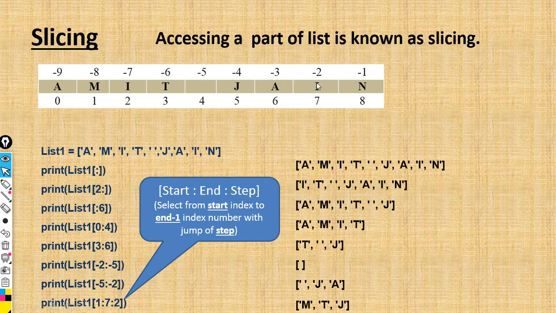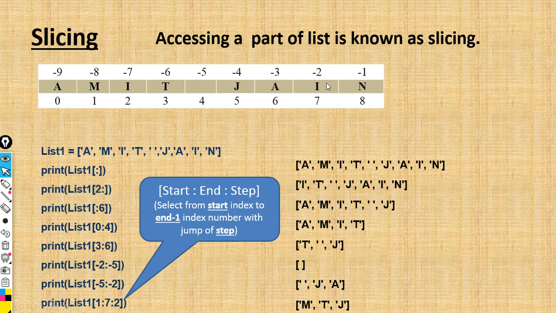That means I, but it will display just before the end, -1 location, just one location before the end. So space J A, not printing up to the -2, just before the end index, space J A. I is not printed, right?